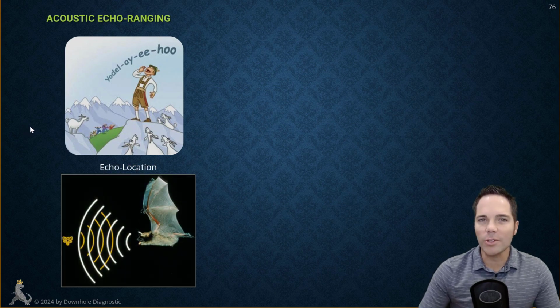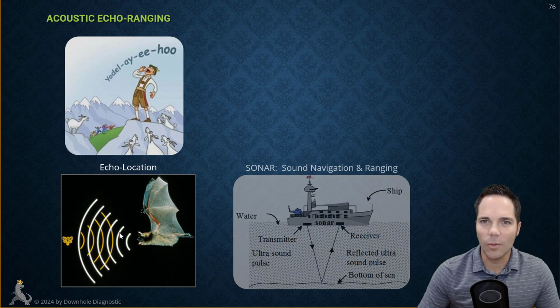Okay, bats also use this principle of echo ranging, and it's called echolocation. So bats have poor eyesight. They're flying around in the dark, and the way that they find their food, or avoid trees as they're flying at night, is they send out these little echoes that reflect off things, and it comes back, and they're able to interpret their surroundings. Okay, so working on the same principle, sonar also works on the same principle. Sonar stands for sound navigation and ranging.